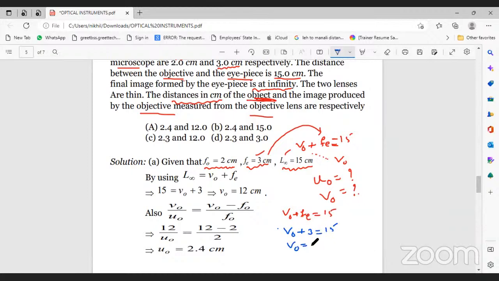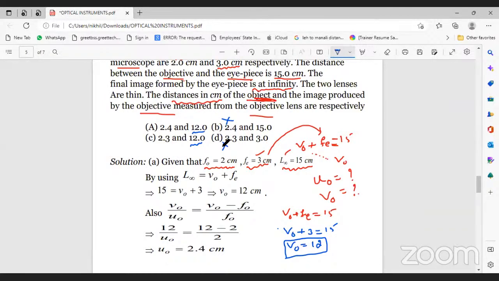So V naught is equal to 15 minus 3, that is 12. V naught is 12. So option A is correct because 12 is there. But in options B and D, 12 is not there. So clearly you can delete these two options, isn't it?